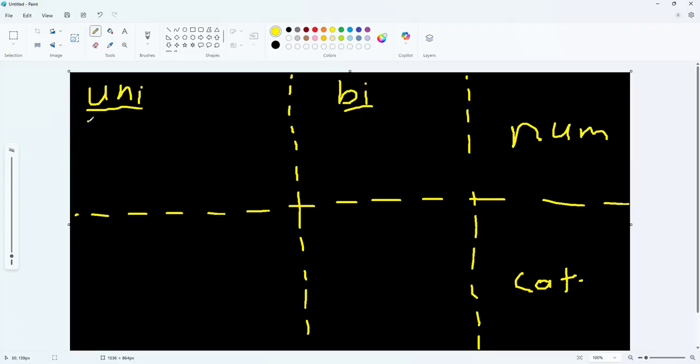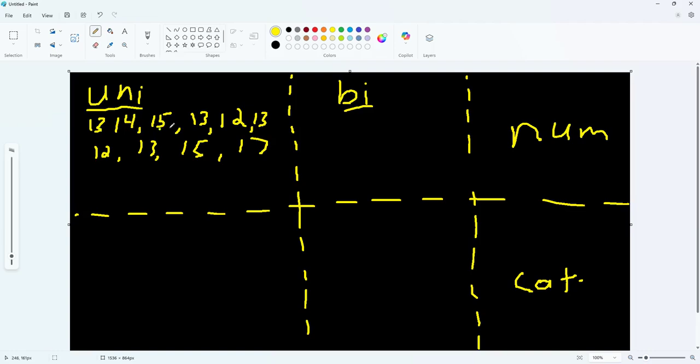It would be like 13, 14, 15, 13, 12, 13, 12, 13, 15, 17. Maybe it's in order, maybe it's not. That's 10 people. That's univariate data, and it tells me the age of everybody in the class. I surveyed 10 people. It's a small class.